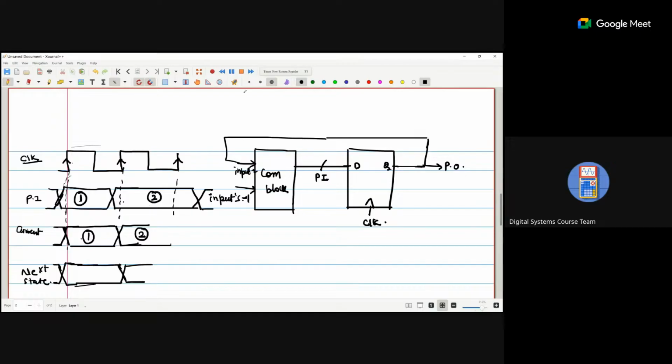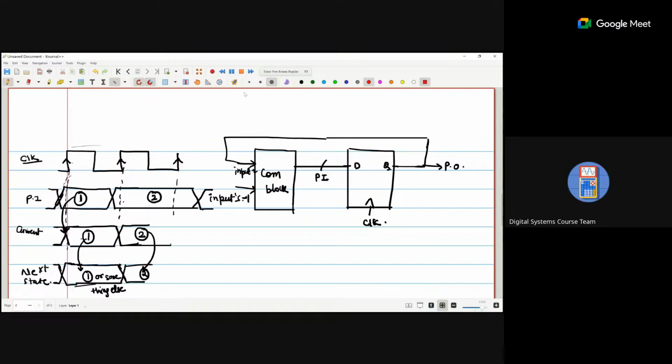With respect to this one, we are getting my next state. Either it will be 1 or something else. Either it will be 2 or something else. So with respect to the present input, my current state is fixed.